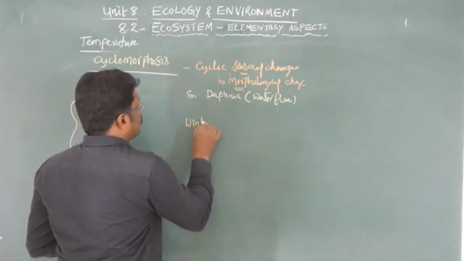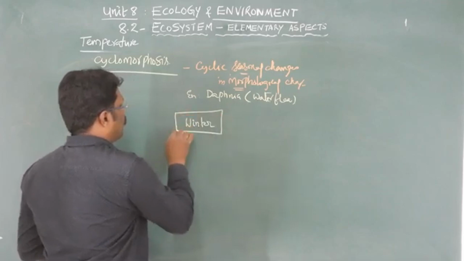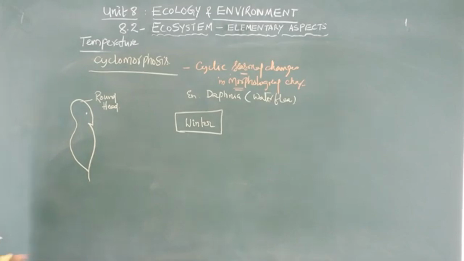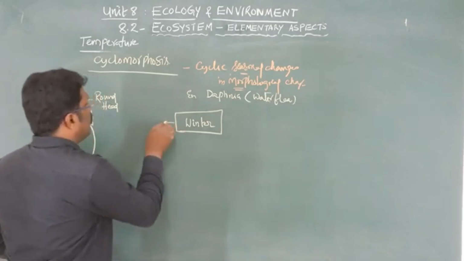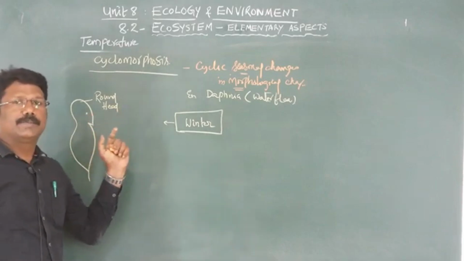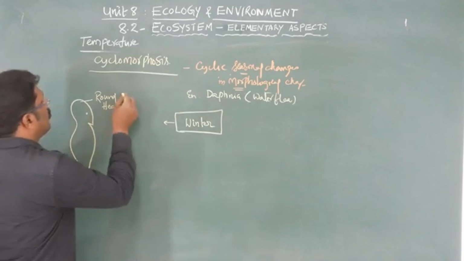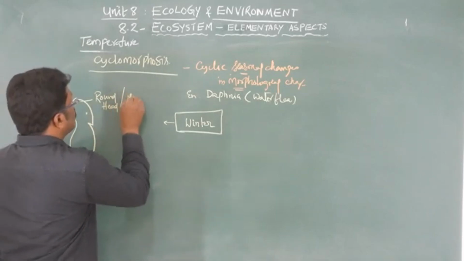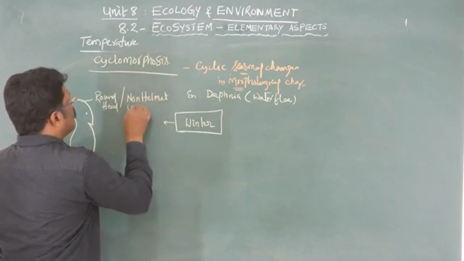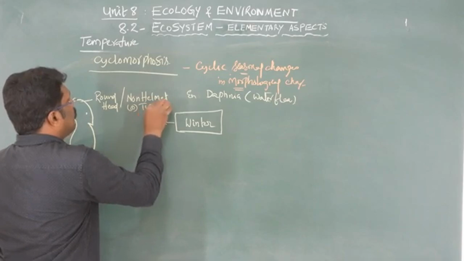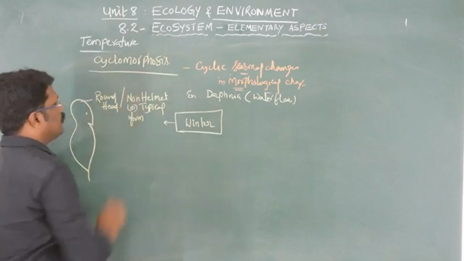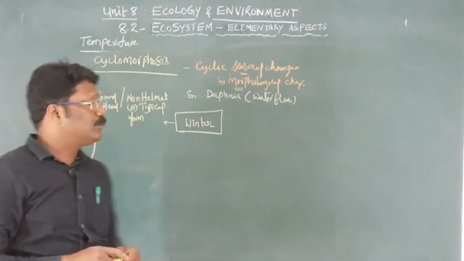In winter season, the head shows the round structure. It is round in structure, and it is also known as non-helmet structure or typical form or general form of the Daphnia.